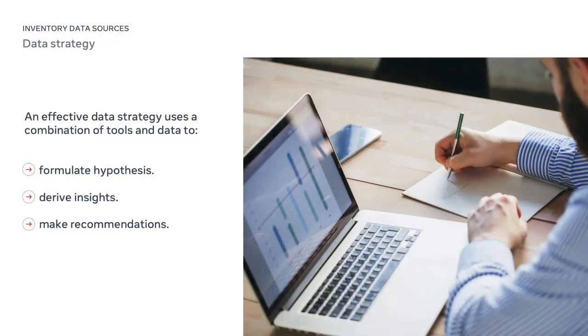Now that we are able to define our business goal and KPIs, let's discuss data and data sources. An effective data strategy uses a combination of tools to get an accurate view of performance, whether it's campaign performance, sales performance, or otherwise. It helps us formulate hypotheses, derive insights, and make recommendations.